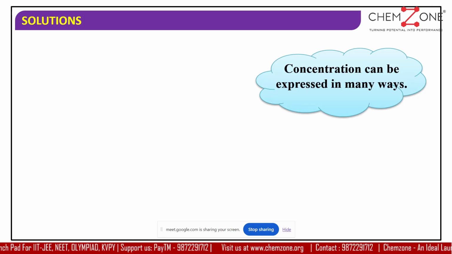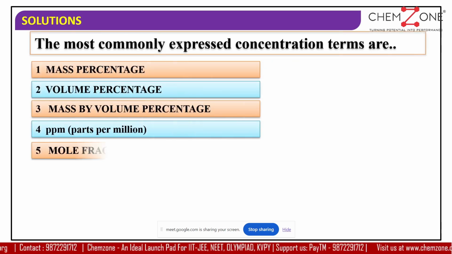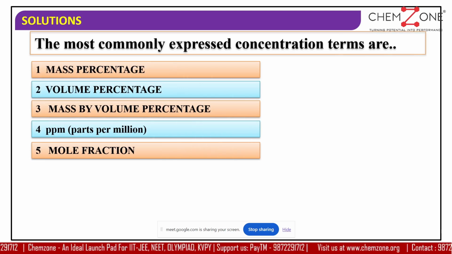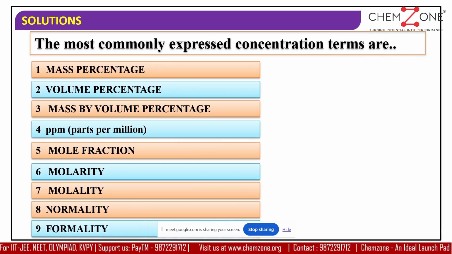So concentration can be expressed in different ways. Okay. Number one method is mass percentage and volume percentage, then ppm, mole fraction, molality, normality and formality. We can explain it in 9 different ways.